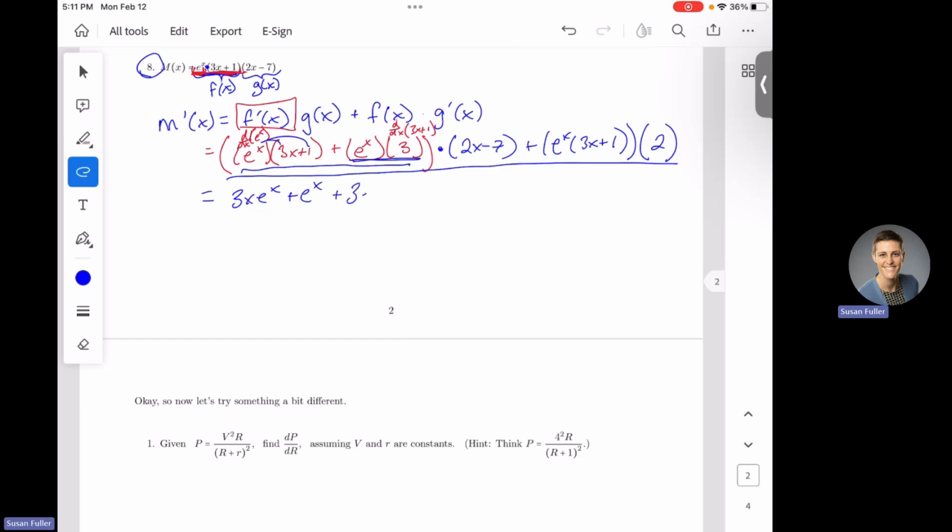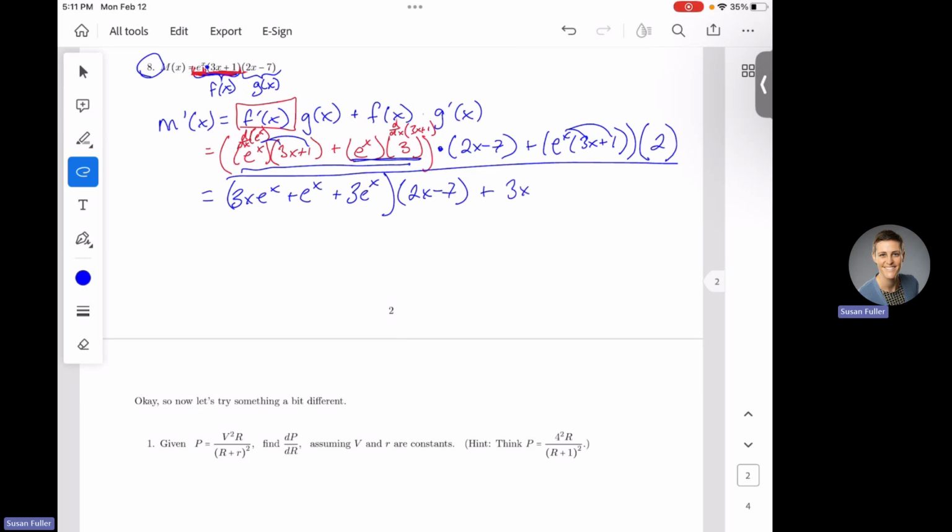So I'm going to have plus 3 e to the x, all of that times 2x minus 7. And then over here, I'll distribute that e to the x and I will get 3x e to the x. I want to write that in a different order.